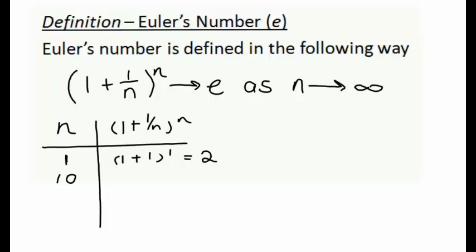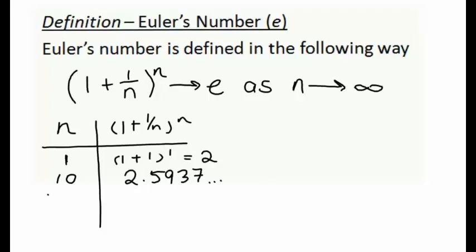From here, we may want to pull out our calculator because we have to deal with that fraction and that exponent. If we use our calculator, we should get a value that's roughly equal to 2.5937.